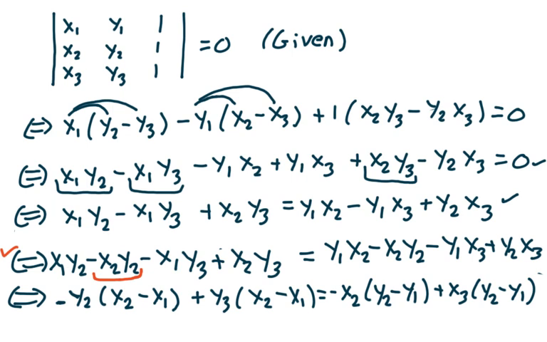And then for the last line, if and only if, I factor by grouping, basically. I take out a negative y2 and multiply by x2 minus x1, and then plus, take out a y3 and multiply by x2 minus x1. So it's real sneaky. I'm going to set this equal to negative x2 times (y2 minus y1) plus x3 times (y2 minus y1).